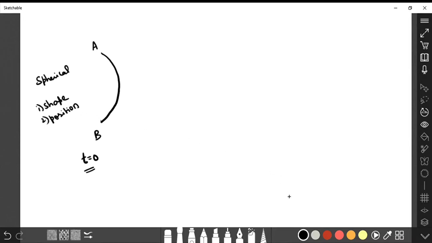He considered that every point on this AB spherical wavefront will act as a source for the upcoming wavefront.